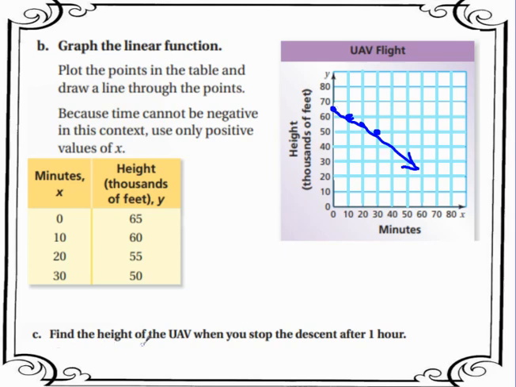And then this last thing says, find the height of the UAV when you stop the descent after 1 hour. So 1 hour equals, we got to put this in minutes because it's not over here at 1. We need it at 60 minutes.